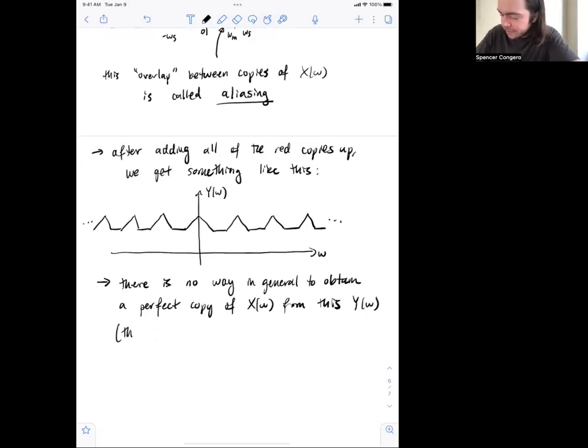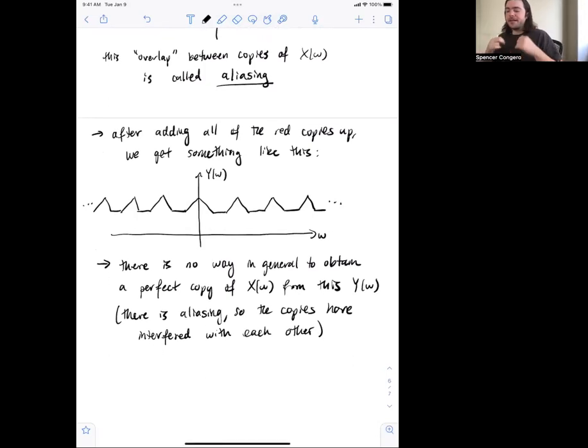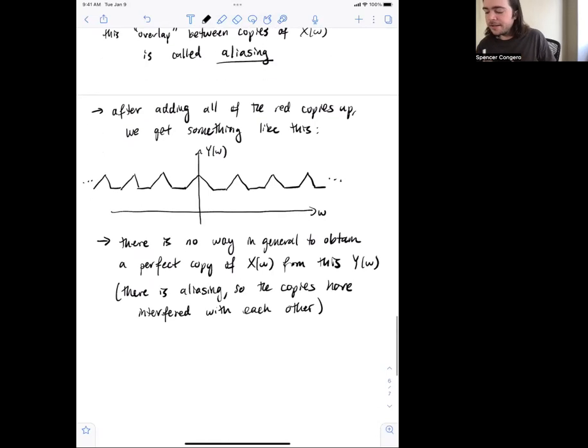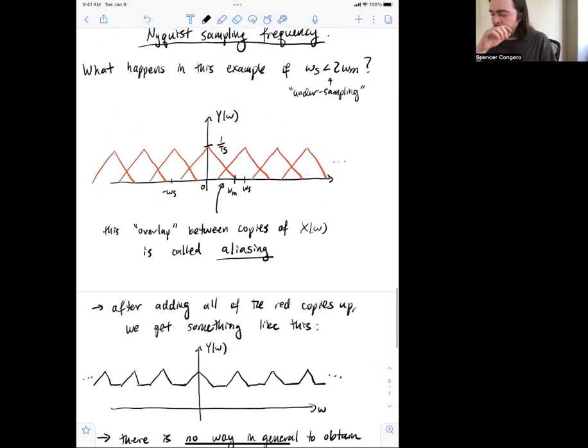Okay, and I'll just write there is aliasing. So the copies have interfered with each other. Yeah, I don't see a perfect copy of my triangle there, so I can't extract that from this Y of omega anymore. Okay, so that's what goes wrong in this example if we undersample.